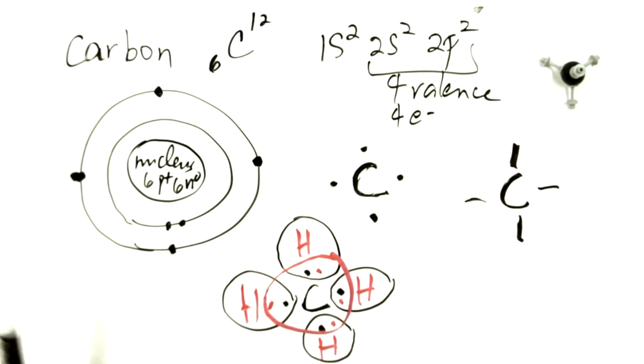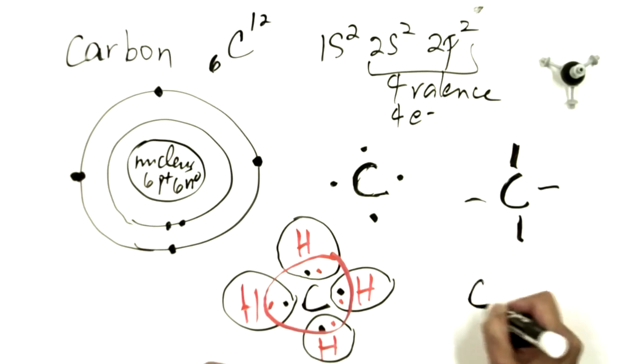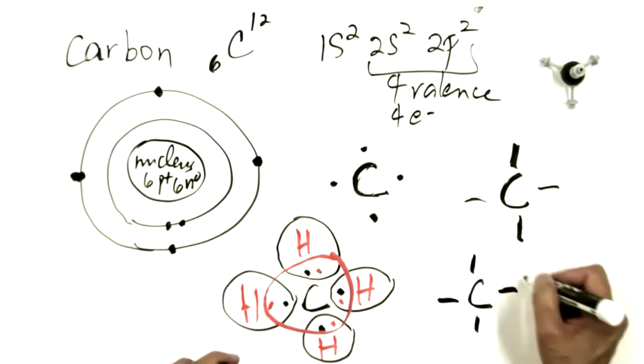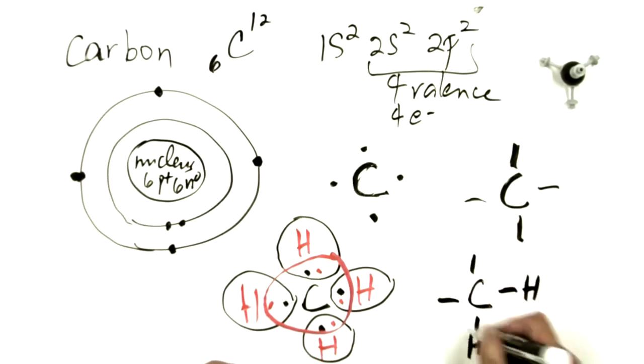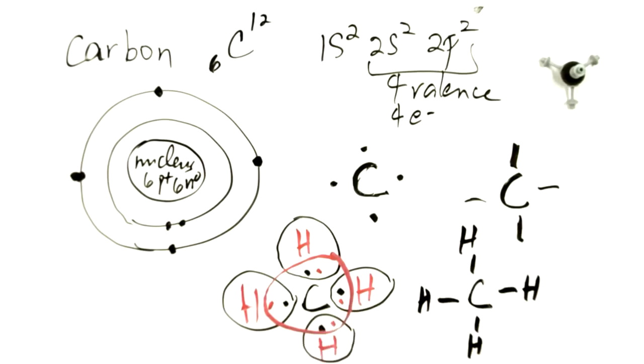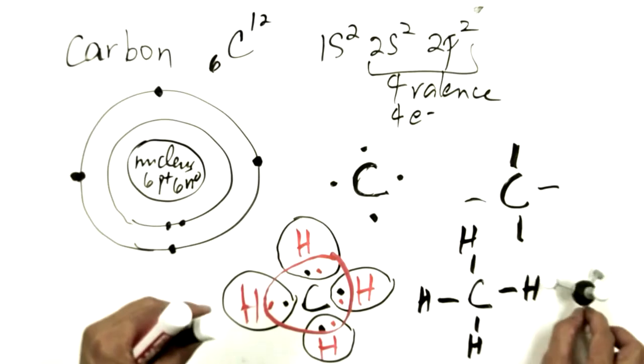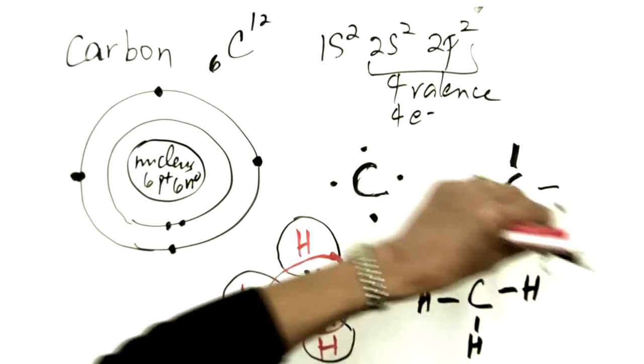So class, we can redraw this into this model where you have the carbon sharing one pair of electrons with each hydrogen atom, and we can represent that by this model.